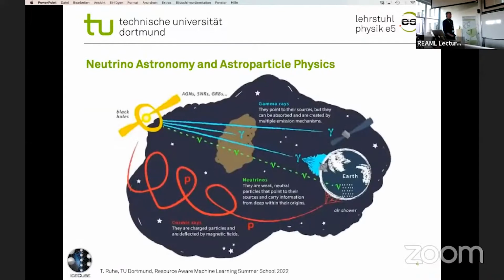So what is astroparticle physics and why do we want to do this in the end? We have known for more than 100 years that there are high energy charged particles coming from somewhere in the universe. We don't know where they're coming from because they are charged, and as they are charged, they are subject to bending by magnetic fields, which exist in the galaxy and out of the galaxy.